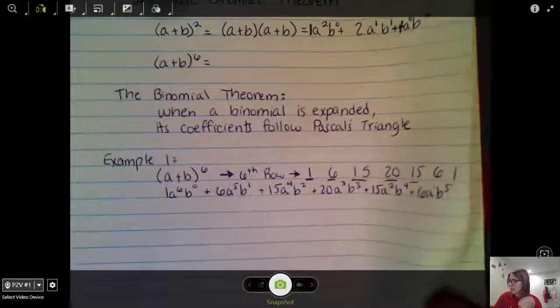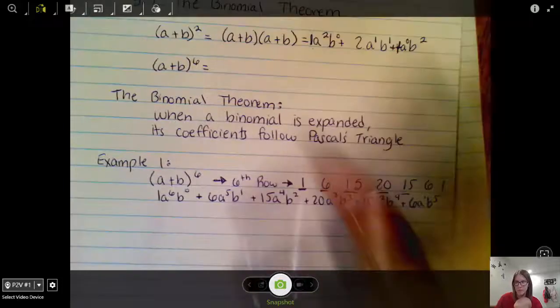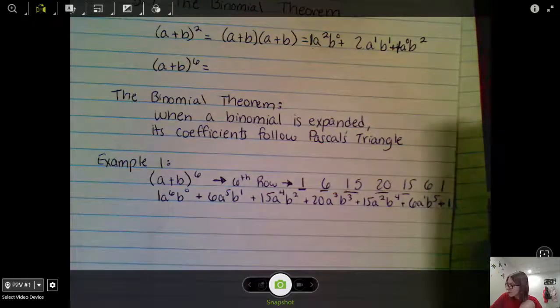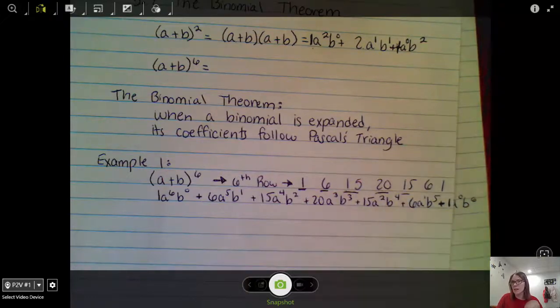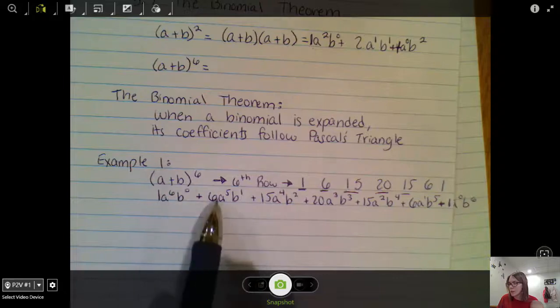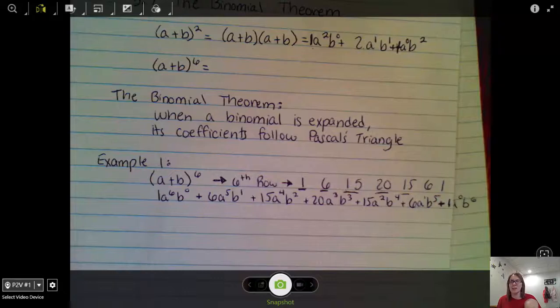And let's see if I can slide my paper over here. One, a to the 0, b to the 6th. Now something else to notice, the total number, if you add your exponents together, should be 6 each time. And that's our exponent that we're raising our binomial to.